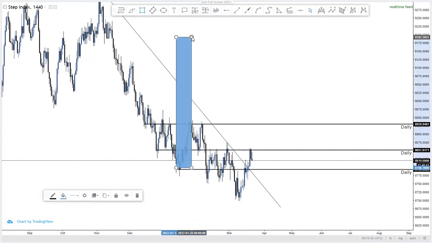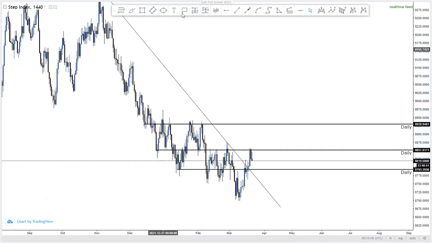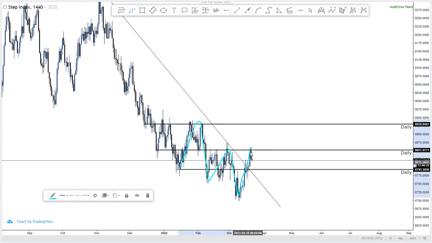Let me just remove this. The market was forming lower highs, lower lows, lower highs, lower lows. The first thing now is the trend: the market has to break that particular lower high.